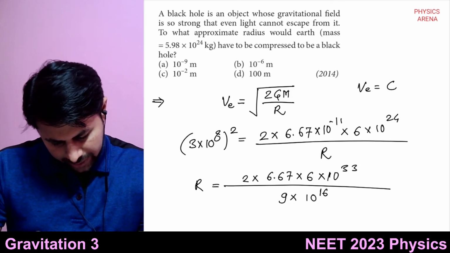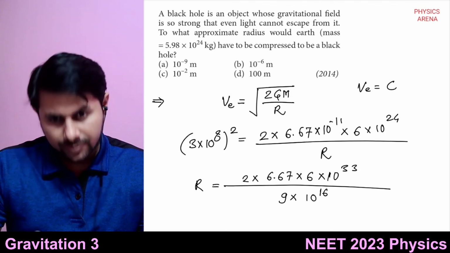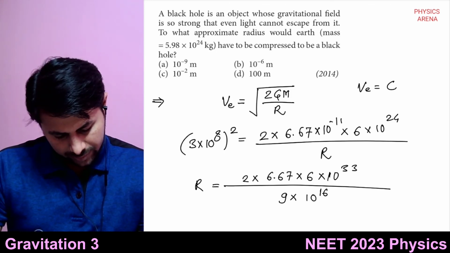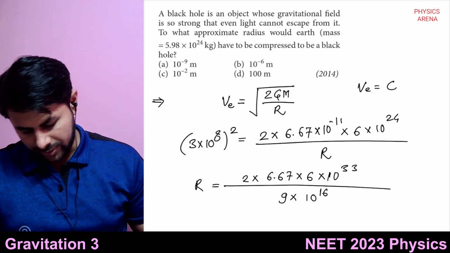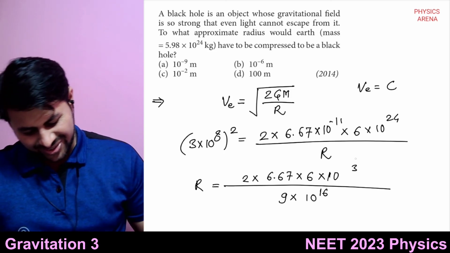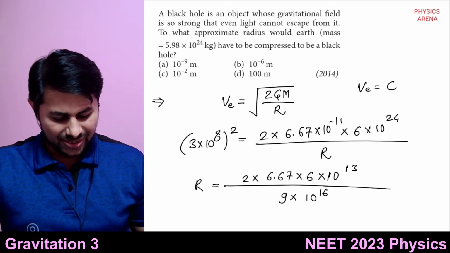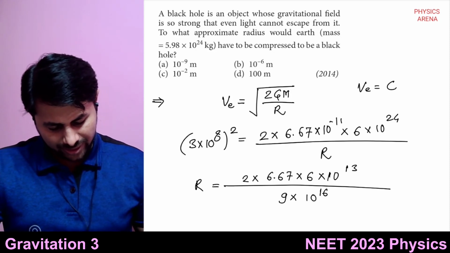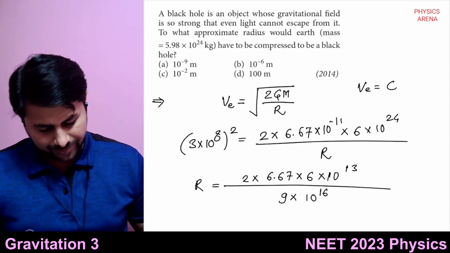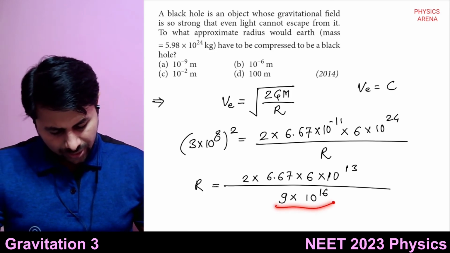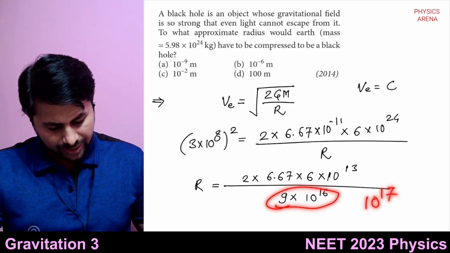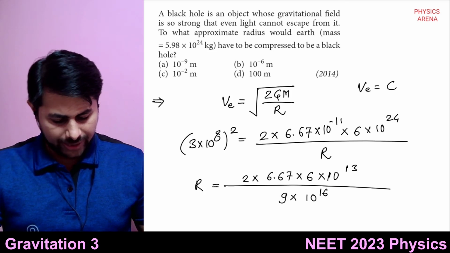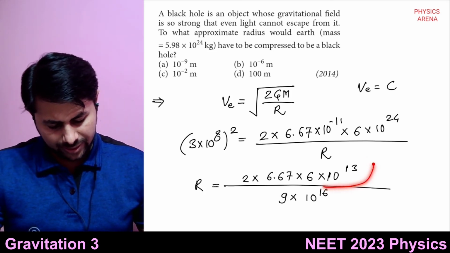Am I making some mistake? Sorry, it is 10 raised to 13. So then this is of the order of 10 raised to 17. You take it to the numerator, it will become 10 raised to minus 17.